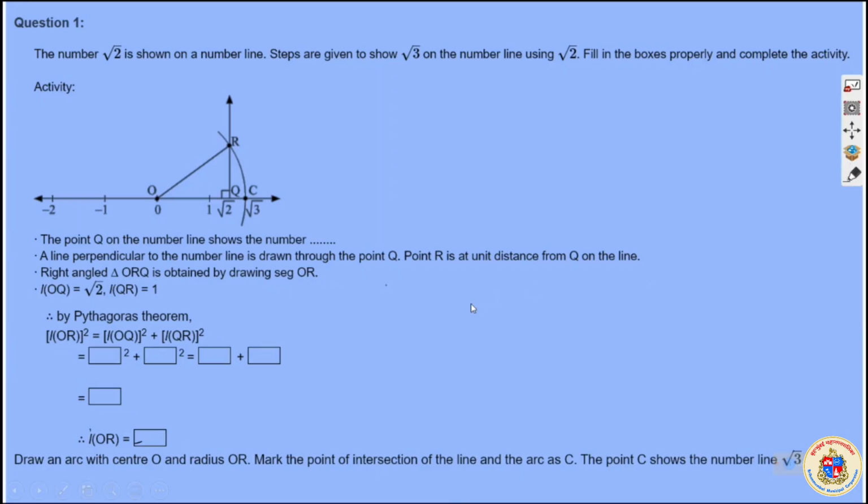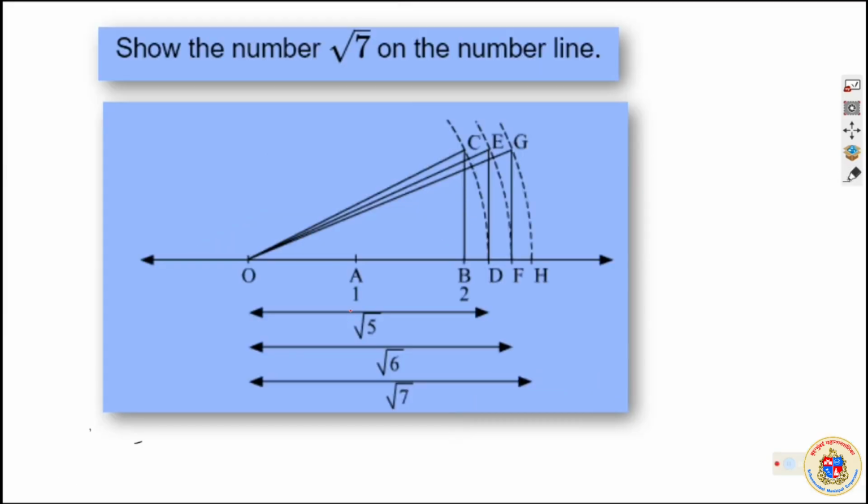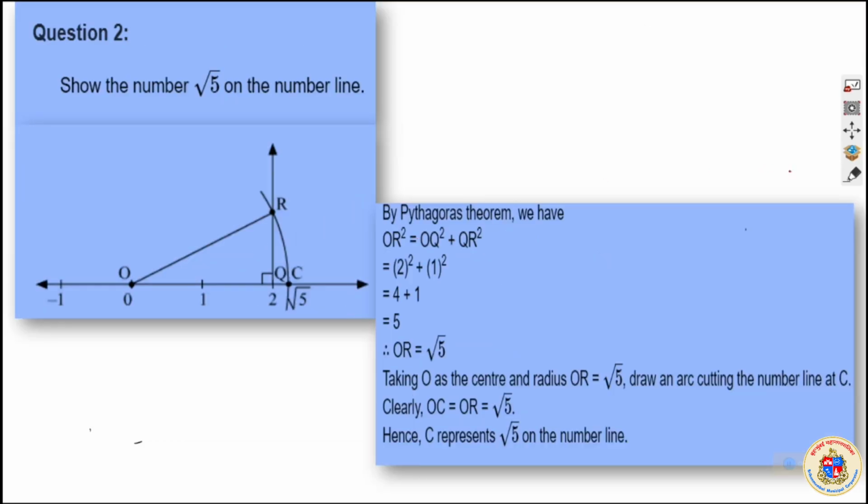Then root 5. To draw root 5, you should create an equation in this format, where the length of one side of the triangle must be equal to 2 and the other must remain at 1.